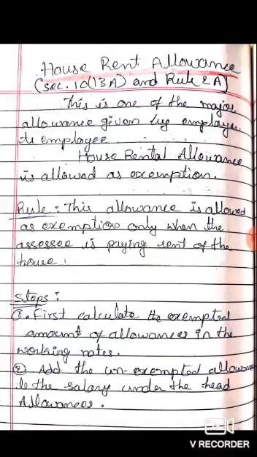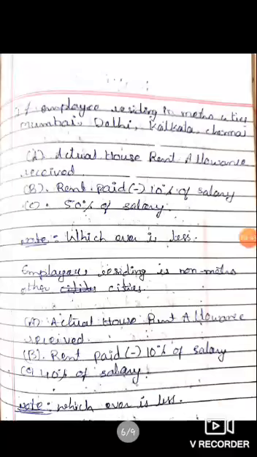So let's see the steps for calculation of house rental allowance. First, calculate the exempted amount of allowances in the working notes. Add the unexempted allowance to the salary under the head of allowances. If the employee is residing in metro cities, Mumbai, Delhi, Kolkata, Chennai, let's see how the exemption is given.